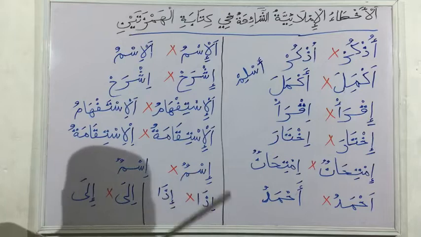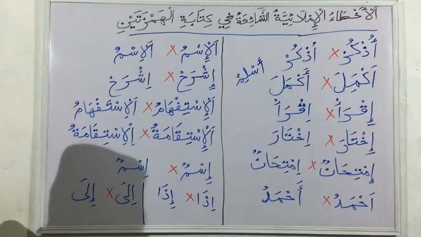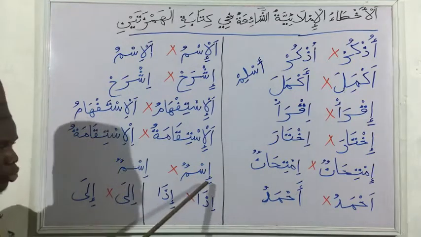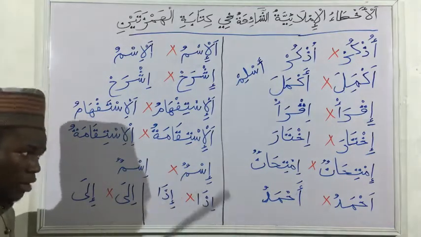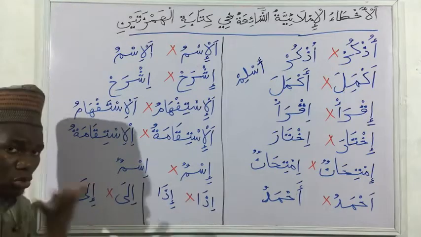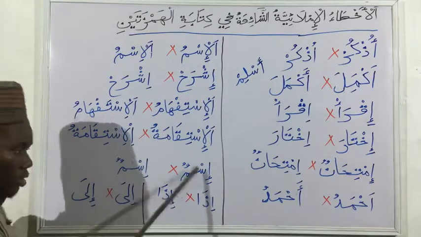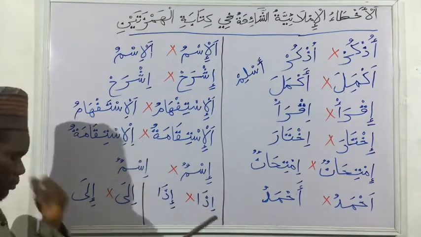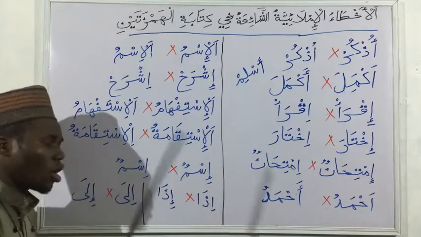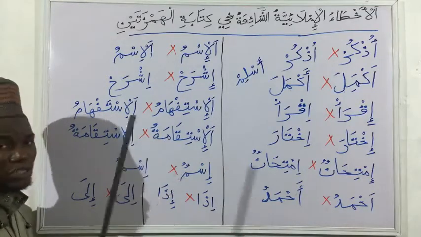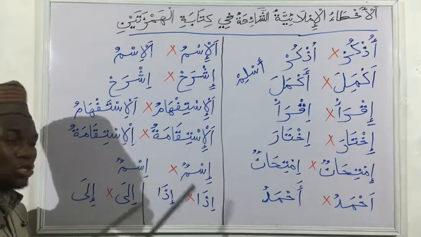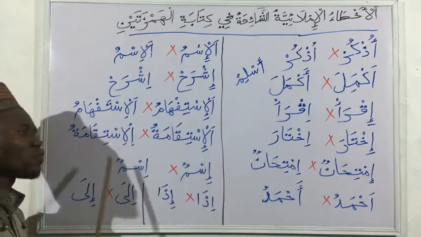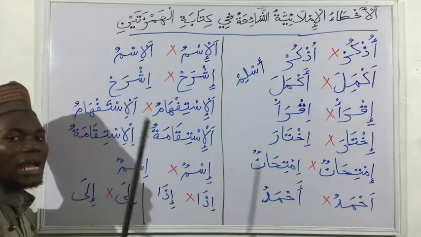Now moving on, ismun. People do write this like ismun or ismuhu, his name. So ismun, this is wrong. Why? Because this is a noun. We said that all of the nouns you are going to encounter starting with a hamza will be hamzatul qat'i, not hamzatul wasli, with the exception of the 10 special nouns.